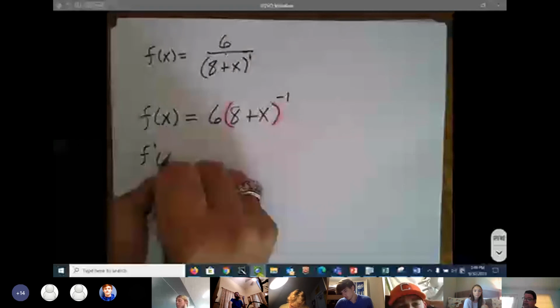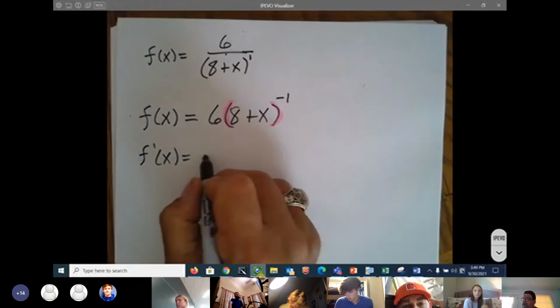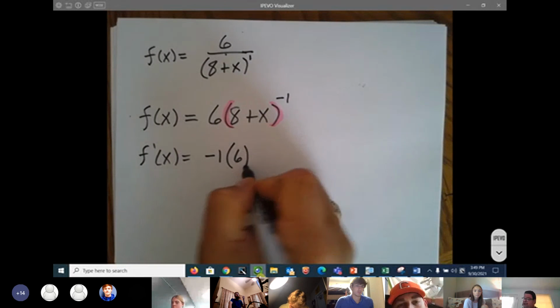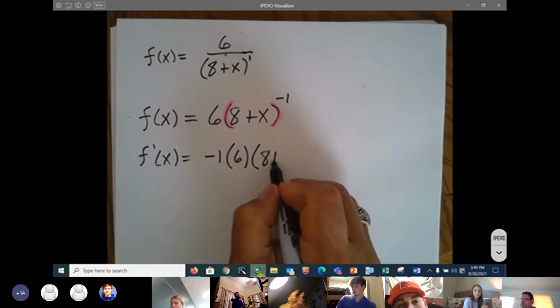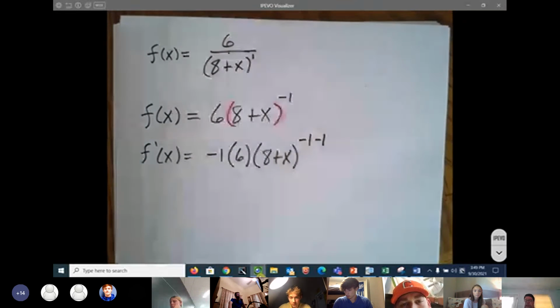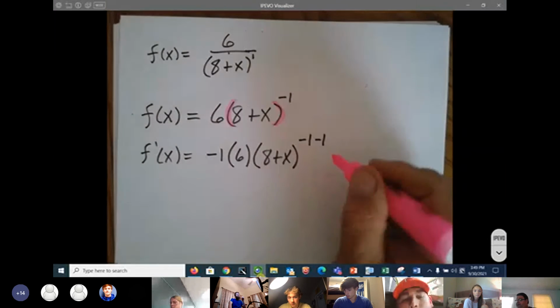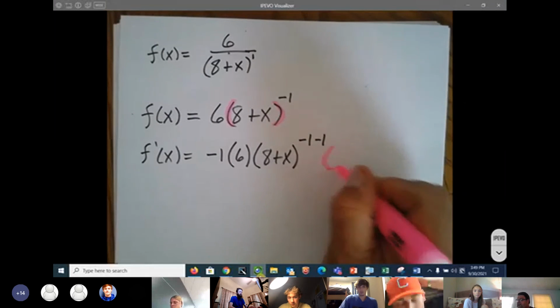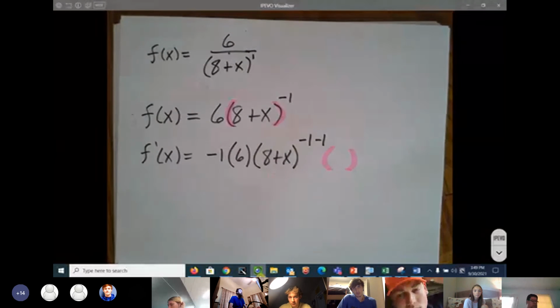f prime of x is equal to negative 1 times 6 times (8 plus x) to the negative 1 minus 1. And what is the derivative of x? 1.